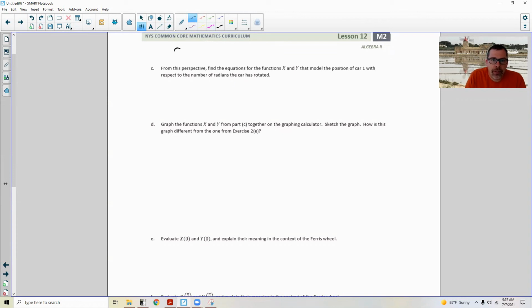It is f of x equals a sine omega (x minus h) plus k. All right. Well, what changed in this one?